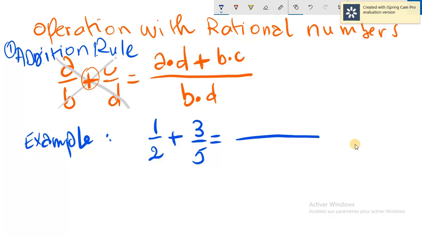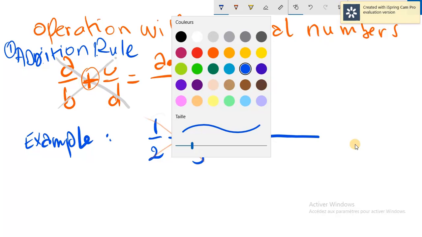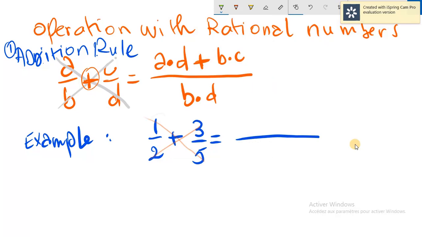So according to our rule, we are going to multiply 1 crossed with 5. So I'm going to multiply 1 times 5. Since the operation is adding, I'll be putting plus here. Then 2 is crossed with 3, so you have to multiply 2 by 3. Then in the denominator, you need to multiply the denominators, which are 2 and 5.